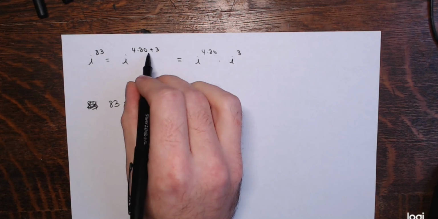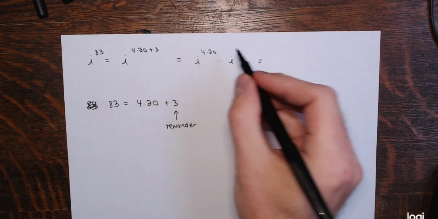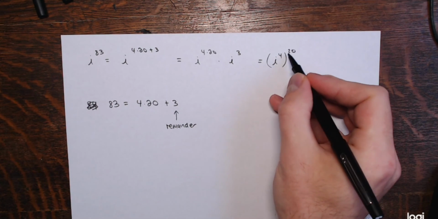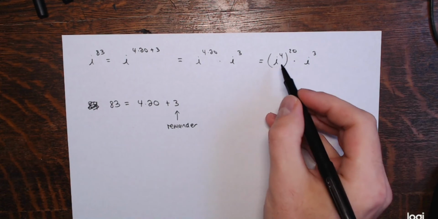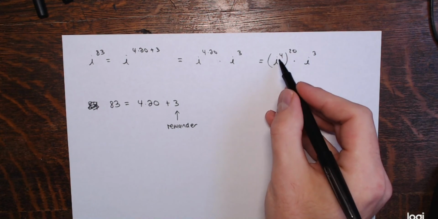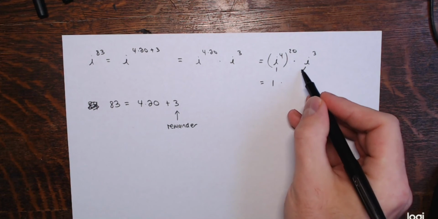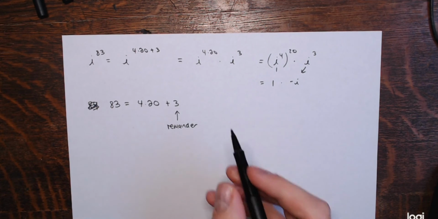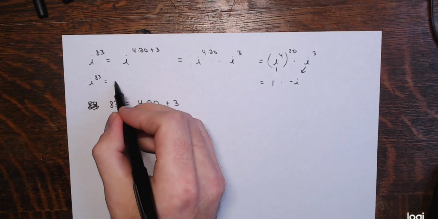And then this I to the 4 times 20 is I to the 4th to the 20th, power to a power, you multiply them, times I to the third. And I to the 4th to the 20th, that's just 1 to the 20th. That's 1. And we saw I to the third was -I earlier, that's I squared times I, -1 times I. So this ends up being, I to the 83rd equals -I.